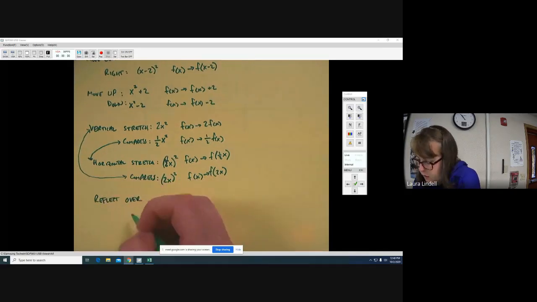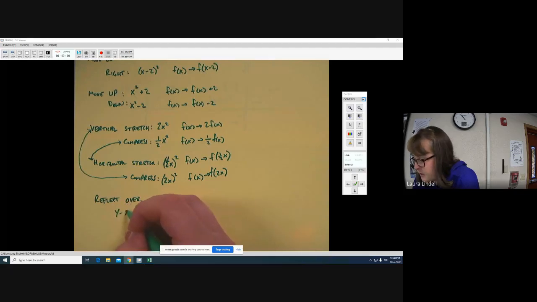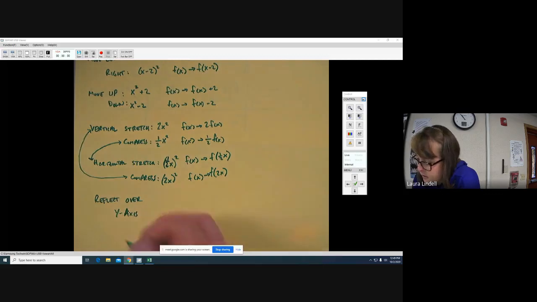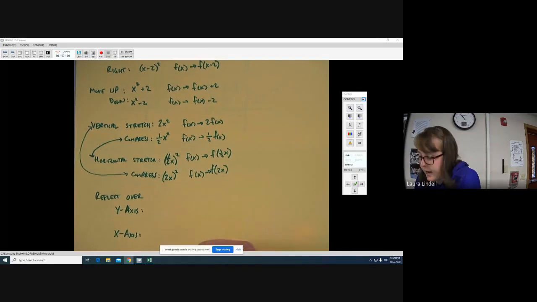So reflect over, we could do it over the y-axis. Spelling is hard. A-X-I-S. And then over the x-axis. So if I took x squared and I wanted to reflect it over the y-axis, reflecting over y means putting it inside with the x.